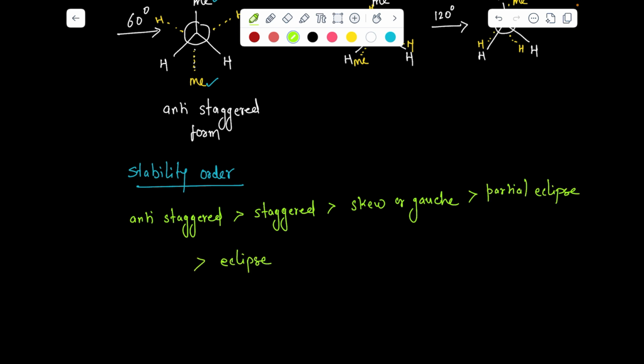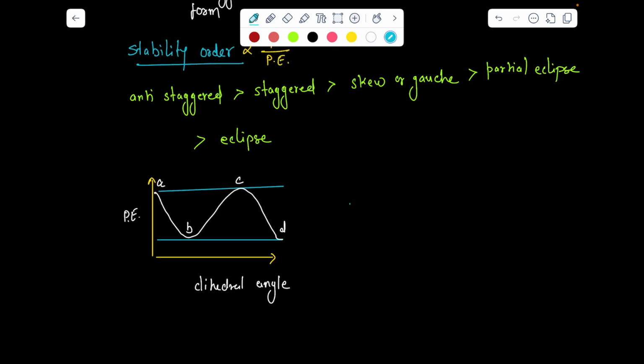So that's the stability order, where the steric hindrance becomes less in the anti-staggered, and in the eclipse pattern steric hindrance is pretty high. So those have high stability, they have lesser potential energy. So the potential energy order would be reversed. So we can write stability is inversely proportional to the potential energy of these molecules. So if we have to find the stability order in this diagram, obviously those with higher potential energy are less stable.